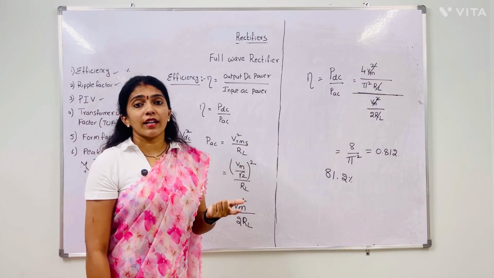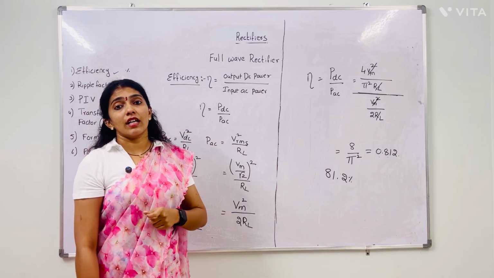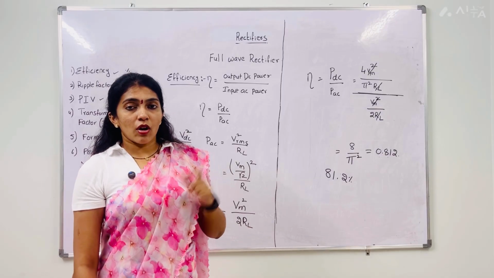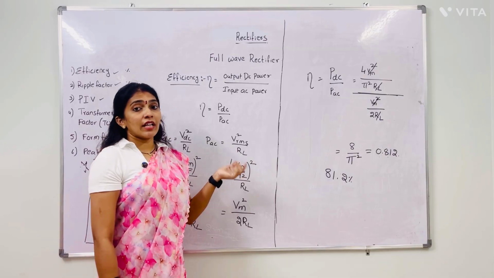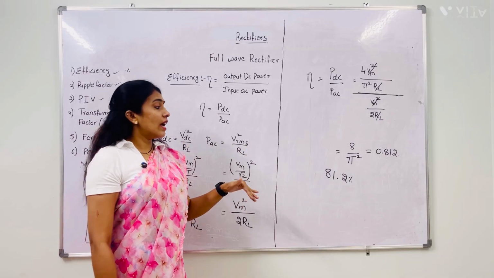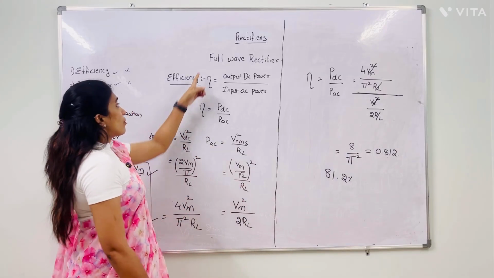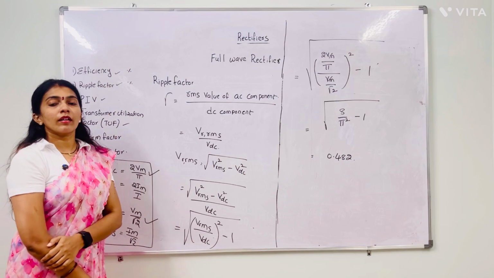Whereas in half wave rectifier, we got only 40.6 percentage. So comparing these two rectifiers, half wave rectifier has less efficiency than the full wave rectifier. That is why we use full wave rectifier in the practical way.